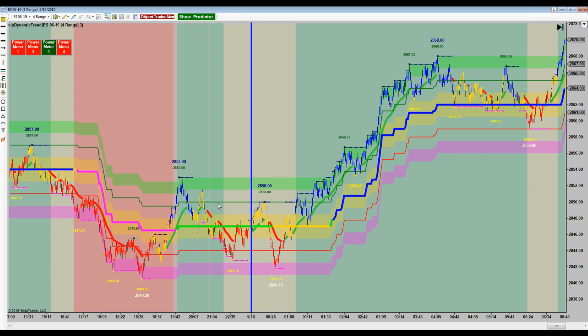And we have line 6, the thin green line here, which is the top of band 6. We also use that. The power meters are the 4 trends on the chart. And we have the swing levels in here, which is when the swings are established, it paints these numbers and these little dots on the chart, which are helpful if you're putting lines on your chart.